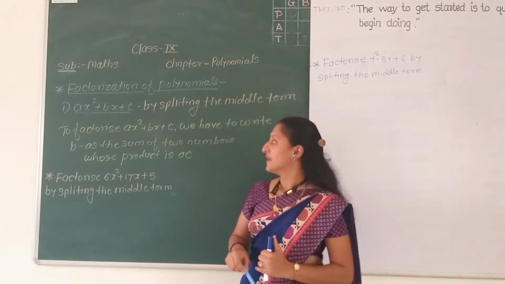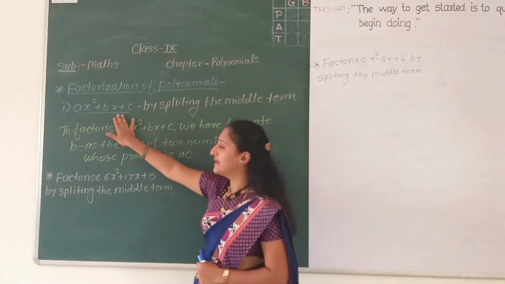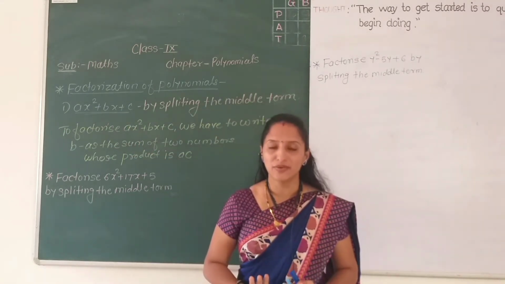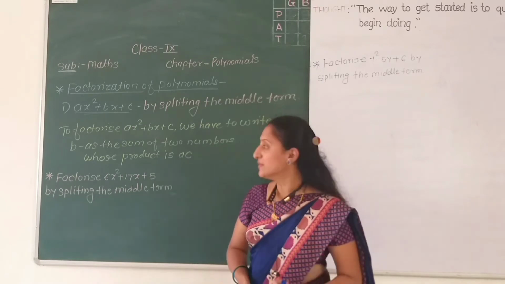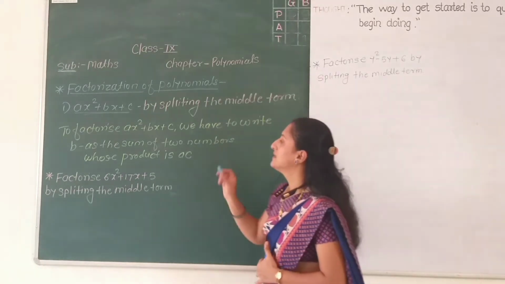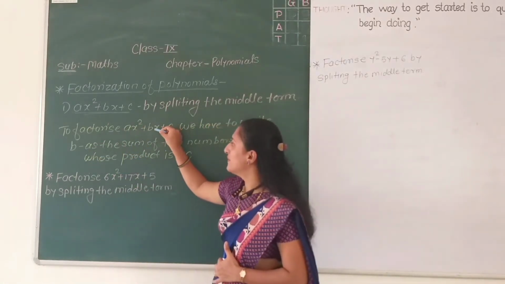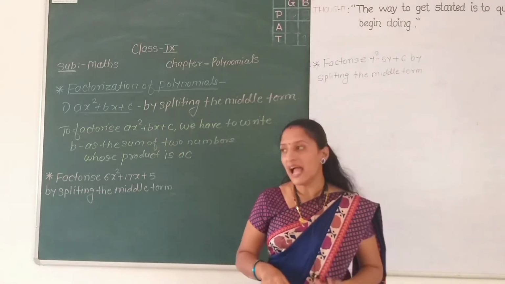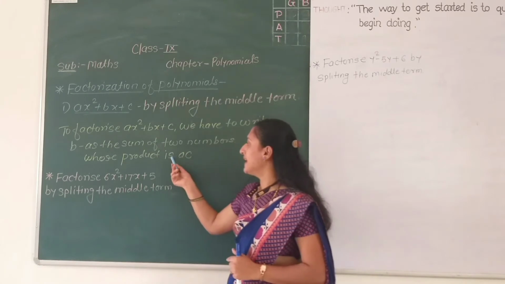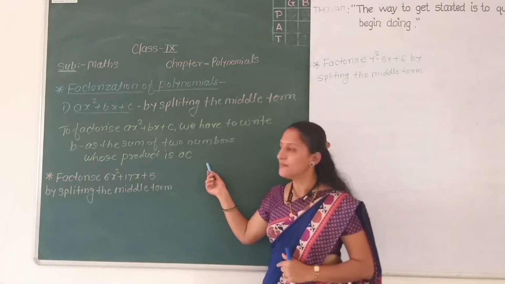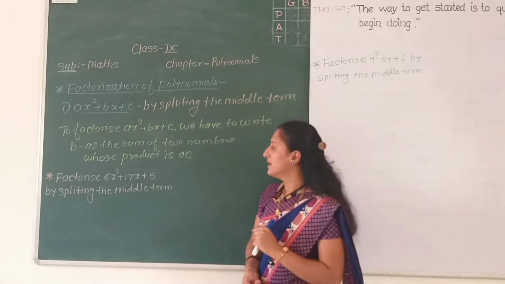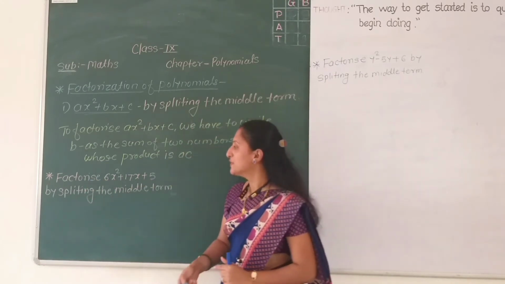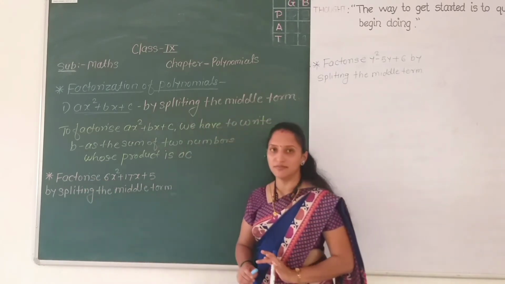That means whenever we factorize a quadratic polynomial, we have to find two numbers such that the coefficient of x is the sum of those two numbers and their product is a into c. Let us look at how to factorize a polynomial by splitting the middle term.